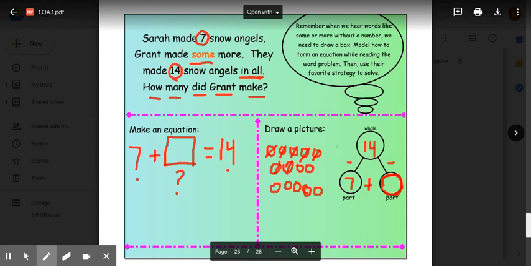How many do I have left? 1, 2, 3, 4, 5, 6, 7. And that is my missing part. 7 plus 7 equals 14. So Sarah made 7 snow angels, Grant made 7, and together they have 14 snow angels.